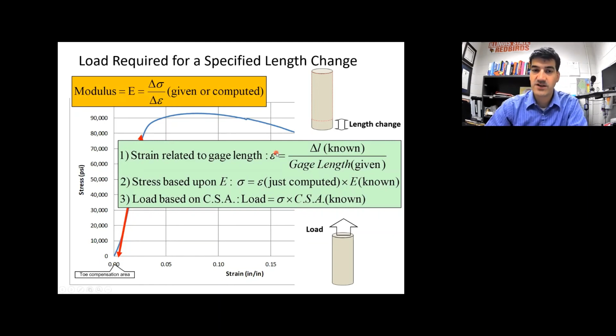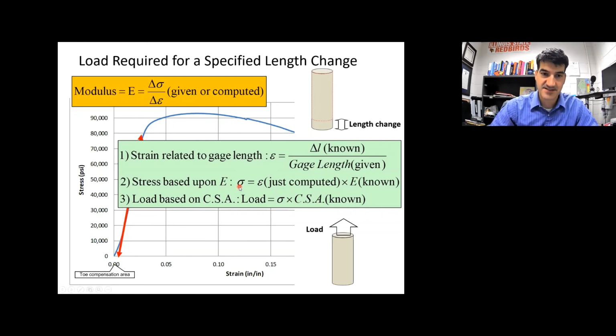And then we can use our definition of the elastic modulus. We can rearrange that equation a little bit, and we can find what the stress is. You find that the stress is equal to the strain, which we just calculated, times the elastic modulus, which you calculated initially in the problem. So with that, you can calculate what the stress is.